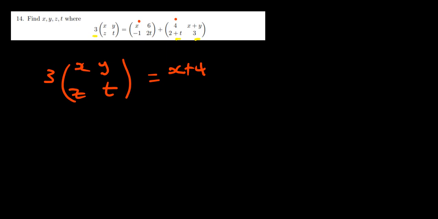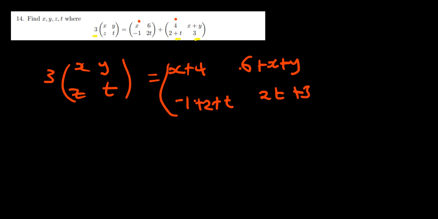Then the other one is 6 plus x plus y, the other one is minus 1 plus 2 plus t, then the other one is 2t plus 3.